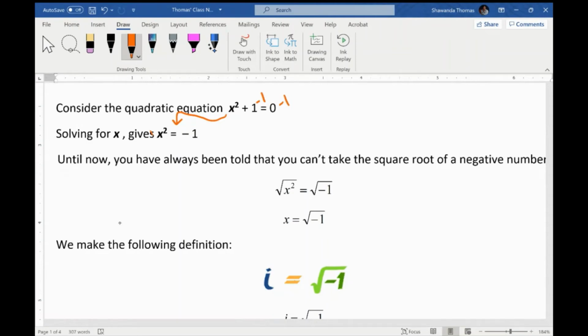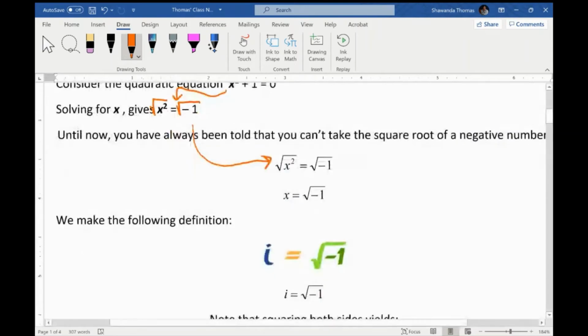Square root both sides, right? So you'll get something like this, and you end up with x equals the square root of -1.